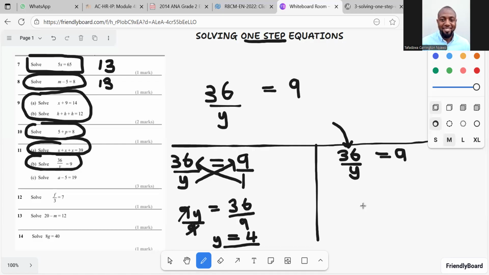You can see 36 and y are dividing. So what is the inverse of divide? It is multiply. I'm going to multiply with y on both sides, like so.